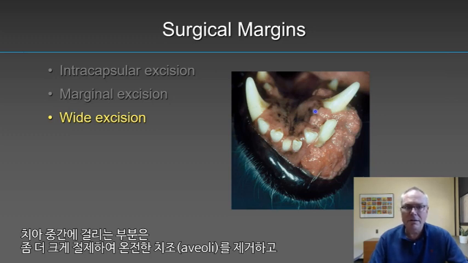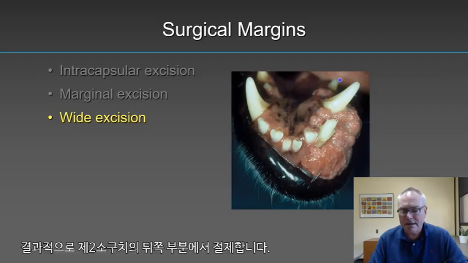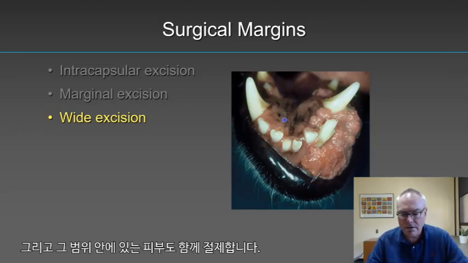We go a little further so that we have intact alveoli removed. In this particular case, we would probably amputate the mandible at the level of the distal aspect of the second premolar tooth. And then we would also remove the skin that fell within the surgical margin determined by the extent of the tumor.